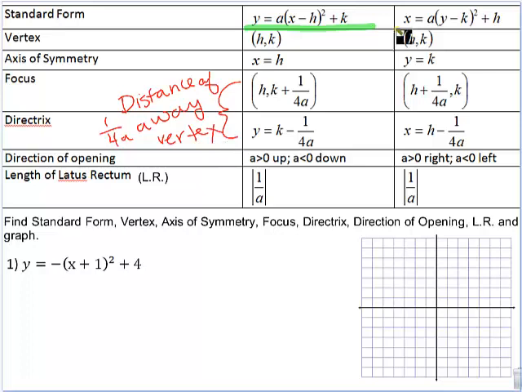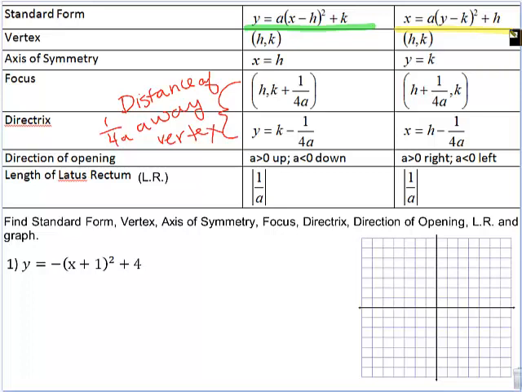And then the other standard form, which I think you guys already also wrote down, x equals a times y minus k squared plus h. So with the x's alone, we're opening up left and right. Vertex is still at h, k. Our axis of symmetry here is y equals k.